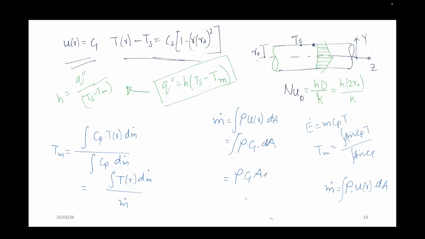Area, right? So what should be the area? Pi r naught square. Same thing. I do this because UR is not a function of R. But if UR is a function of R, then in place of A you need to put pi r square. Got it or not? Yes. Okay.